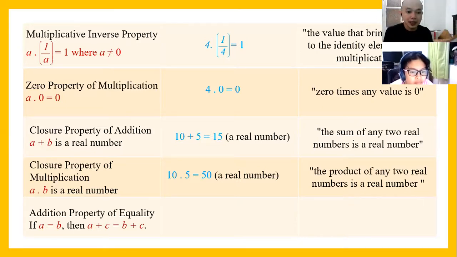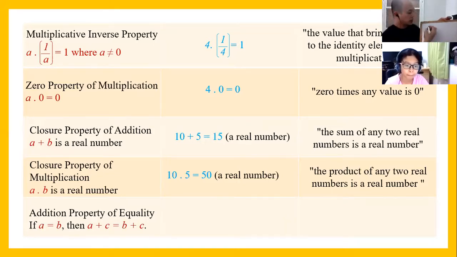All right, now, the last property here is addition property of equality. This one is very crucial because in many situations in your algebraic journey, in your algebra class, you will be using it actually. So you really have to understand this. So what does it say? It says that if A is equal to B, then A plus C is equal to B plus C. What does it mean?